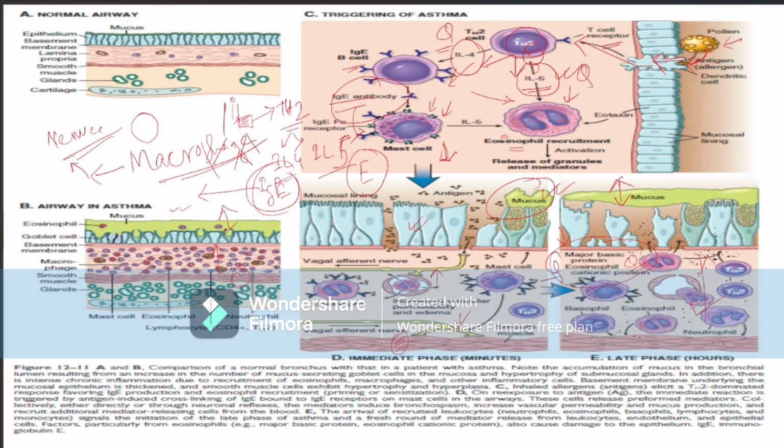That's why we give a bronchodilator to an asthma patient. And there is an increased amount of mediators, and to decrease the mediators we give steroid, and there is also increased mucus production.